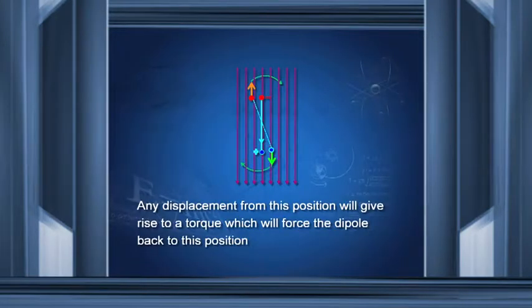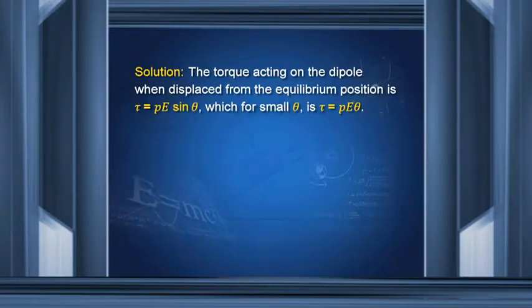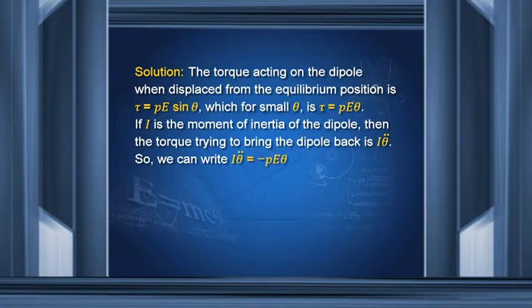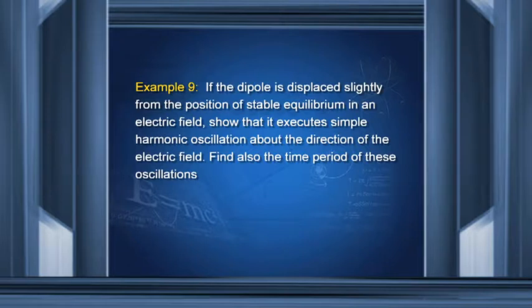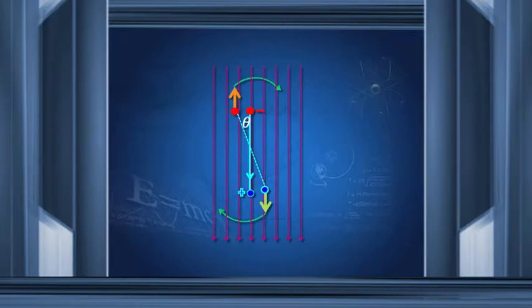We have seen when a dipole is parallel to the lines of force and it is displaced slightly, then it goes back. Does it form simple harmonic oscillations? Let us see. The torque acting on it is PE sin theta, which for small theta is PE theta. If I is the moment of inertia of the dipole, then the torque trying to bring the dipole back, remember that this was the position of the dipole, I displaced it slightly and then it is tending to go back.